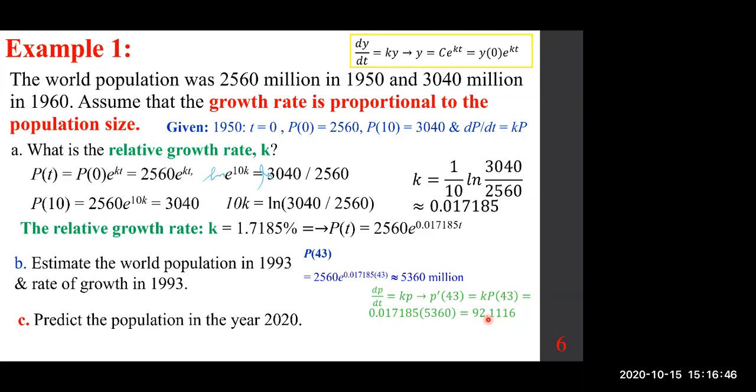So that means in 1993, or right after 1993, the world population is increasing, because this number is positive, at a rate of 92.1116 million per year. That's really the idea. So one more time, what does it mean? In 1993, the population is increasing per year by that much.